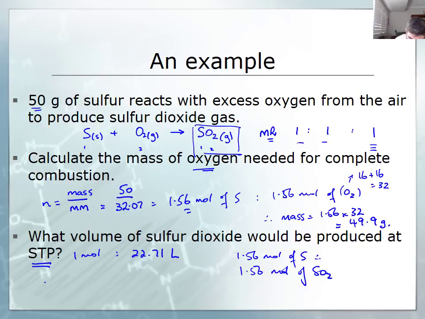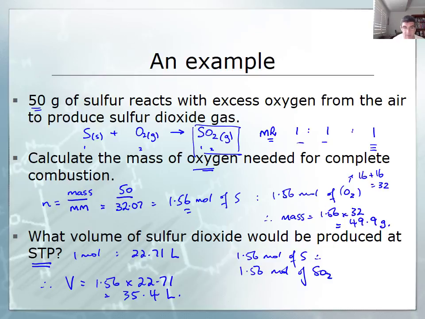And so the volume in litres is going to be equal to 1.56 times 22.71. I will do that one on the calculator, and that gives me a value of 35.4 litres.